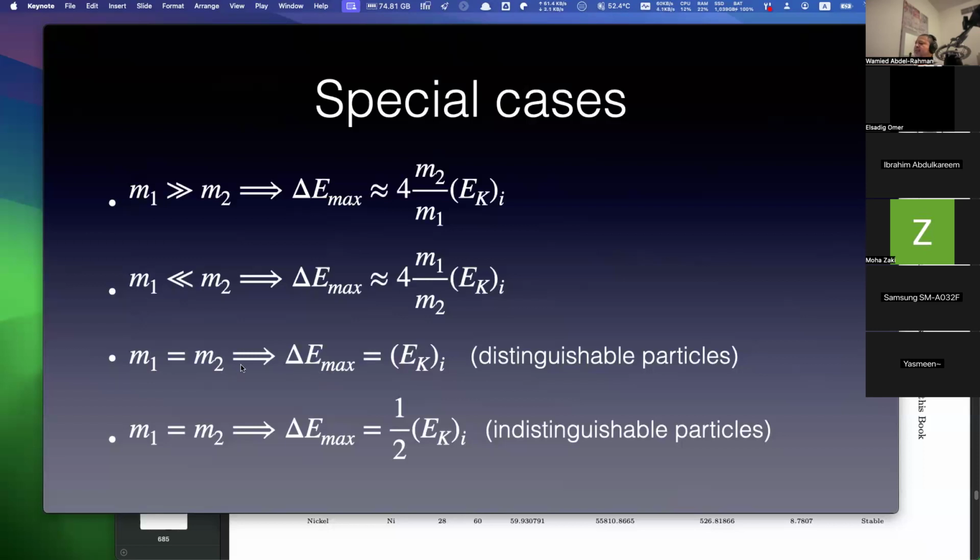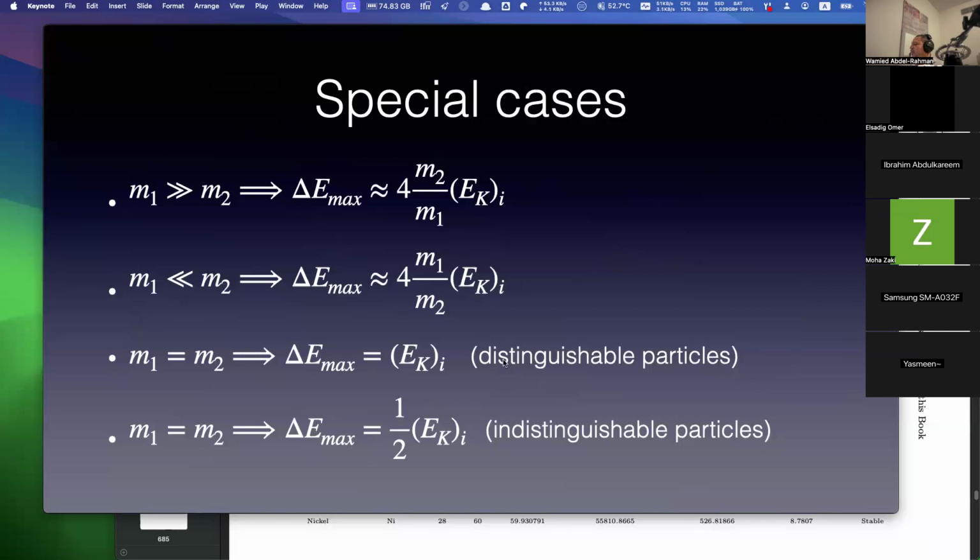An example of this would be a positron and an electron. Imagine the positron has a kinetic energy, let's say 1 MeV. It goes and hits an electron in a head-on collision. The maximum energy transferred to the electron is going to be the kinetic energy of the positron, 1 MeV.